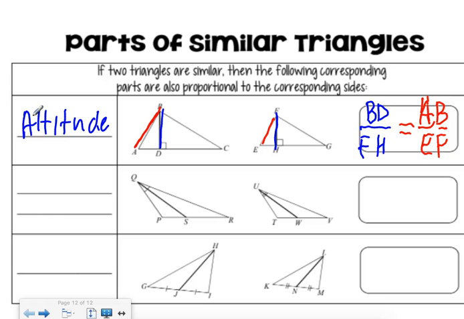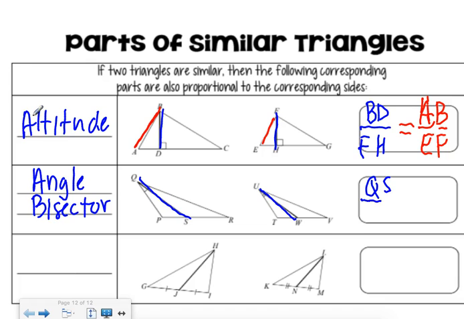Okay, what kind of segment is QS and UW? Angle bisector, yeah, it's cutting that angle in half. So again, I'm going to write my angle bisectors over each other.